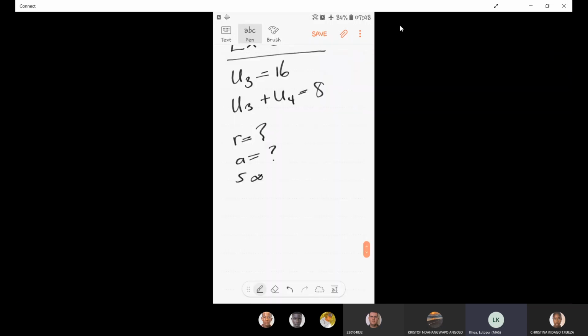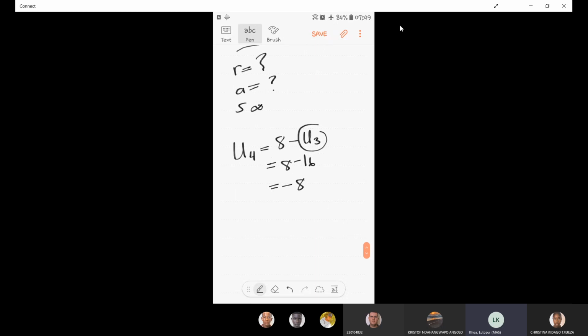So here, if I know that U3 is 16, and then I know that U3 plus U4 is equal to 8, I can work out U4. So U4 is equal to 8 minus U3. So I'm using this equation. But then I know that U3 is equal to 16. So this is just 8 minus 16, which is -8.